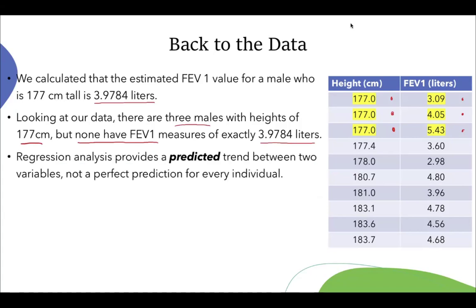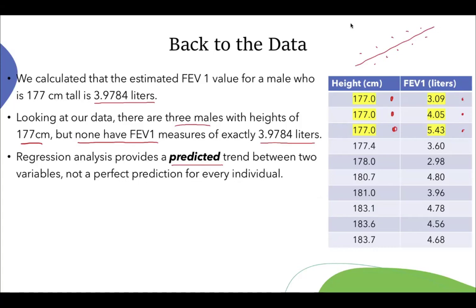So regression analysis provides a predicted trend between 2 variables. It is not a perfect prediction for every individual. When we got that line among the points, not every point was on the line. And therefore, we're not looking to match every single person in the sample to a particular FEV1. It's impossible. The line is a prediction.